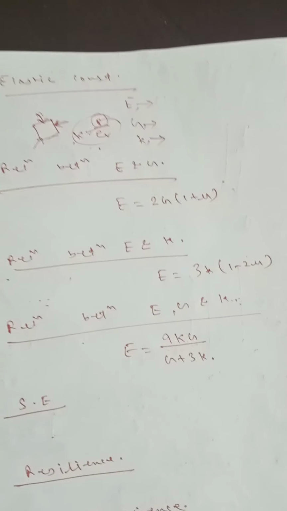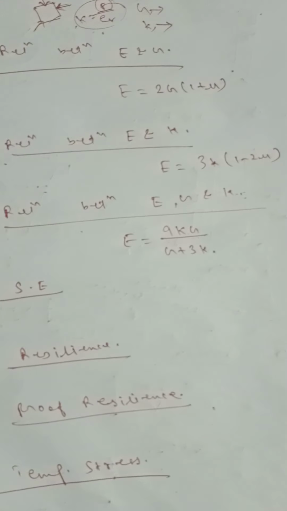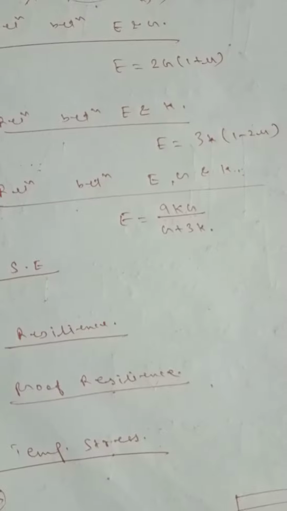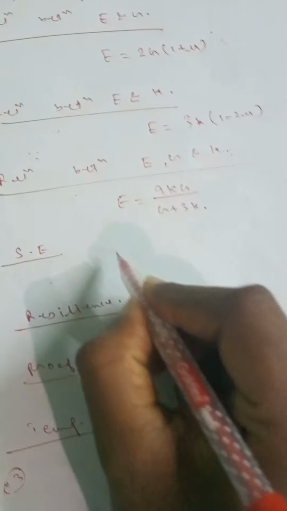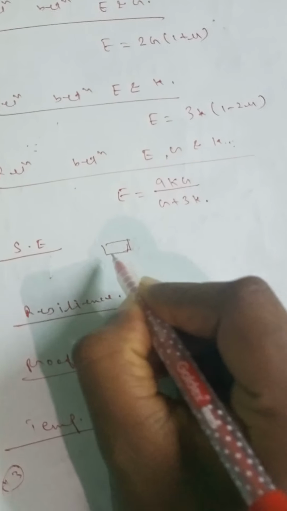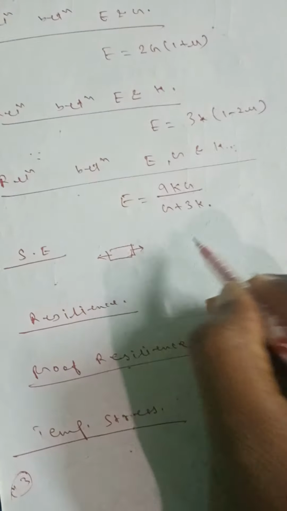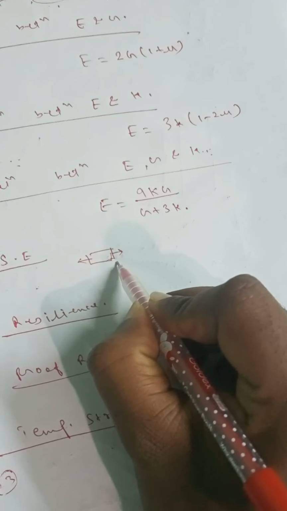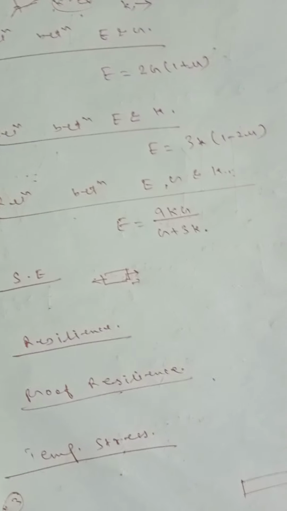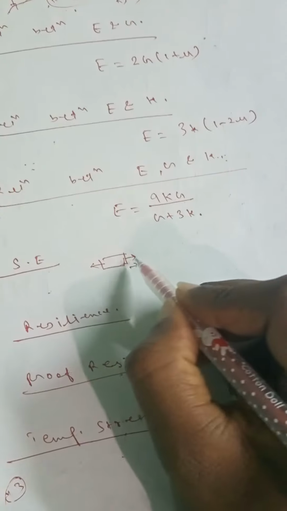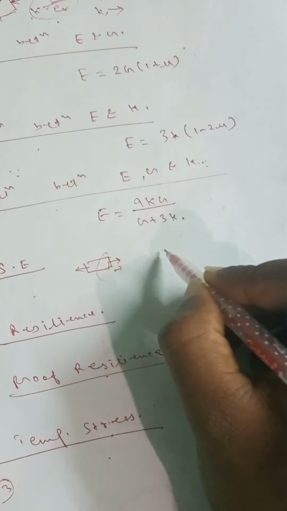Now we will discuss strain energy. What is strain energy? The energy which is stored in a body due to straining of the body is called strain energy. If we apply tension to any body, then due to the property of elasticity, the body will get deformed, and after that deformation a resistive force is developed.